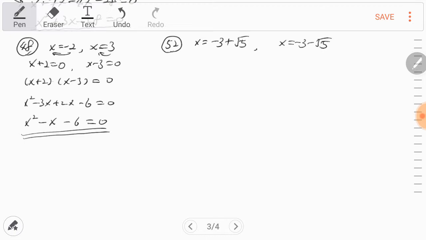Okay, exercise 52 is still the same. x can move. Okay, so move everything to the left, then x plus 3 minus square root of 5 is equal to 0.